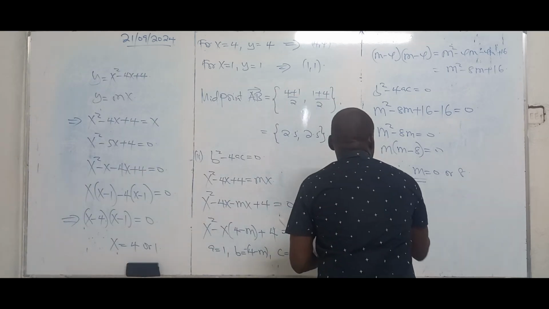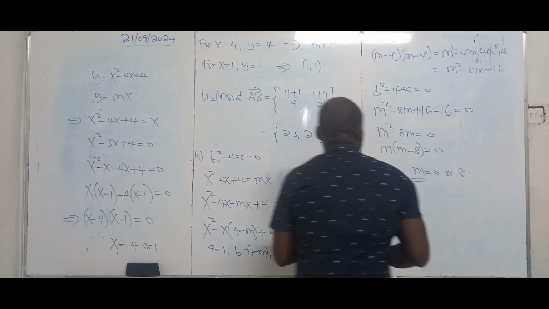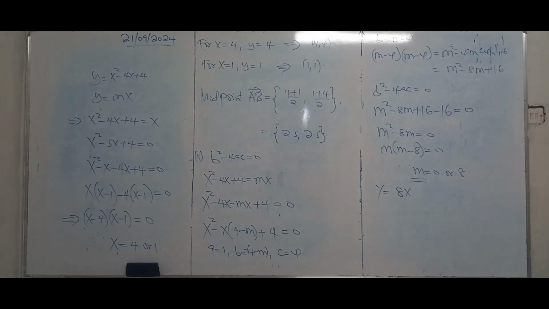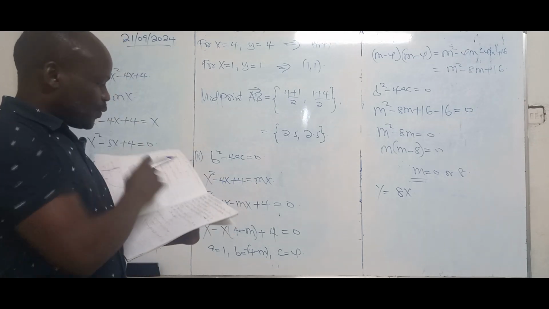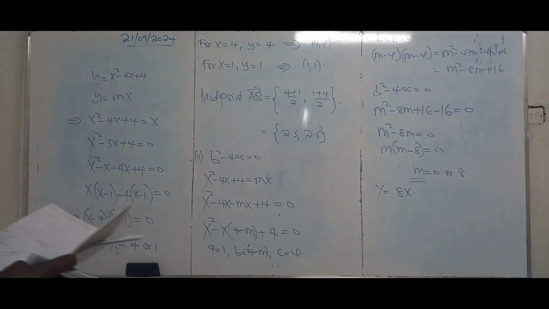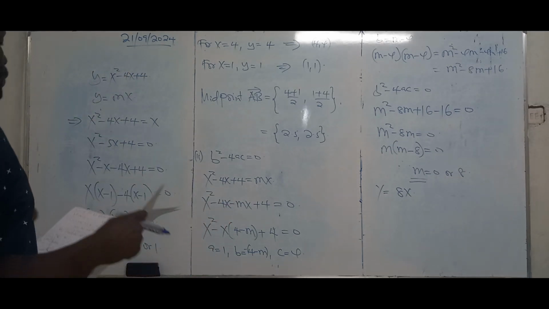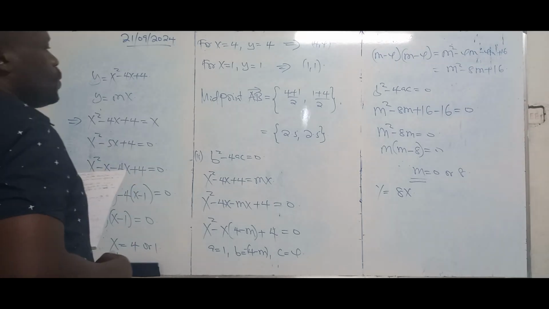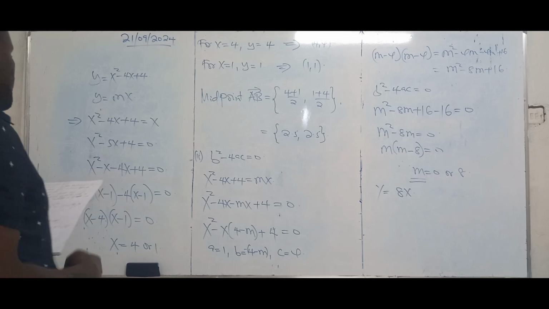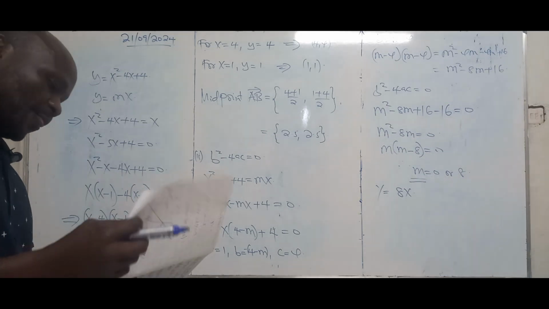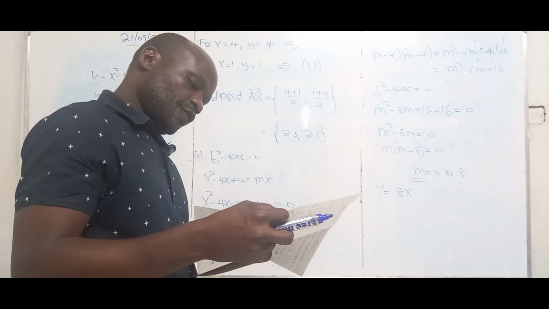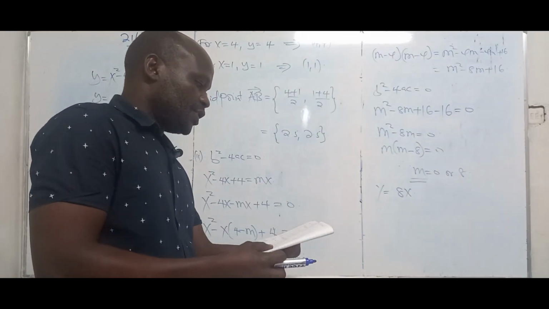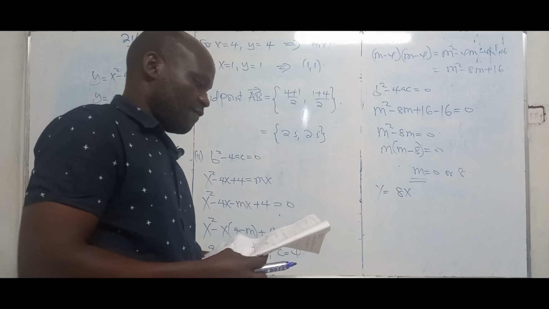So if y is equal to 8x, and we know that at the point of intersection we had the equation, the question is asking to find the coordinates of the point where the tangent touches the curve.